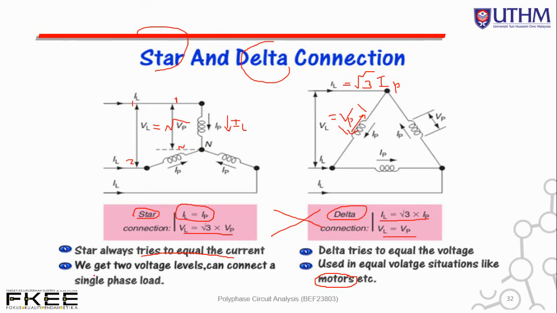So we get two voltage levels that can connect a single phase load. Two voltage levels means single phase, and then three phase. So we can connect a single phase load.